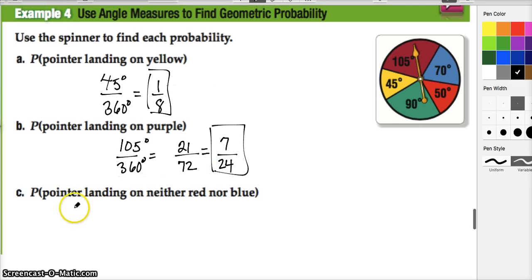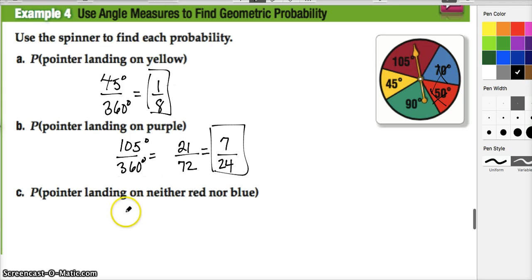And finally, this last one, the pointer landing on neither red nor blue. We could calculate the probability of the pointer landing there and then subtract it from 1. Does that make sense to you? The probability of it landing somewhere is 1, the probability of it landing in red or blue would be whatever we calculate, and therefore the probability of it landing elsewhere would be the difference.